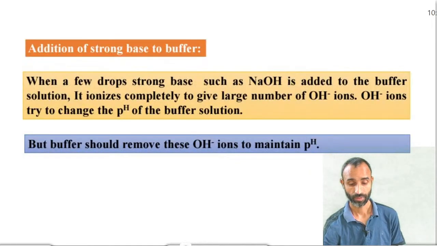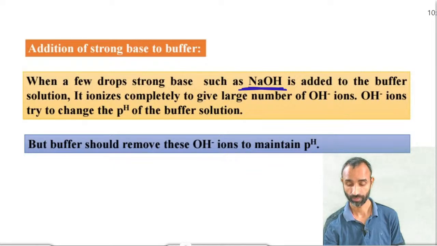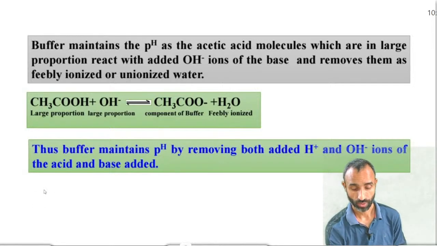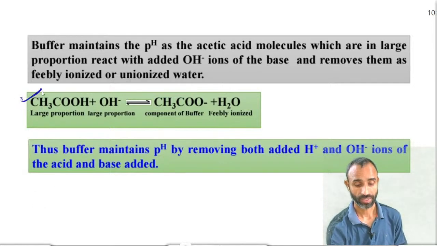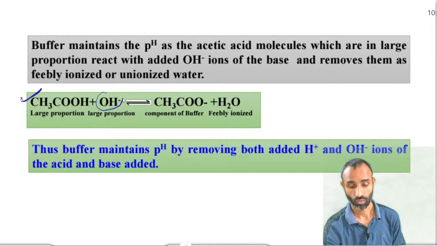Same if we add sodium hydroxide to the buffer solution. So now OH negative ions are more. When OH negative ions are more, then what happened? Acetic acid, which is a weak acid, the OH negative ion added, what do they do?